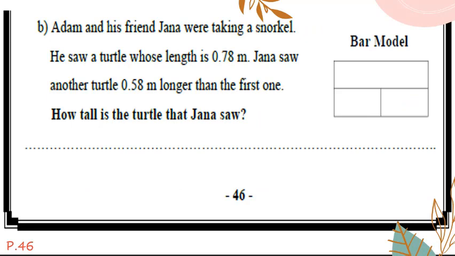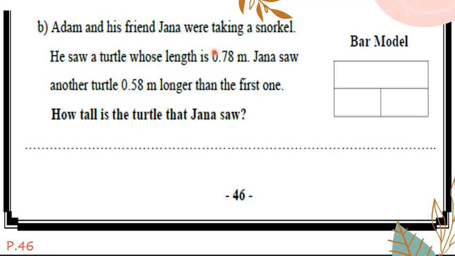Example B. Adam and his friend Jana were snorkeling. He saw a turtle whose length is 0.78 meter. And Jana saw another turtle 0.58 meter longer than the first one. How long is the turtle that Jana saw? Now, Adam saw the first one, 0.78, and Jana saw the other one.